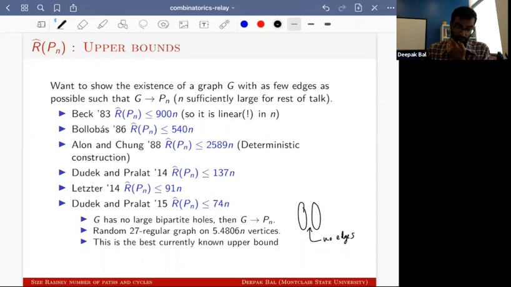So if a graph has no large bipartite holes, whatever that means, then it arrows Pn. And they showed that a random 27-regular graph on 5.4806n vertices satisfies this for the appropriate definition of large. And this has 74n edges.